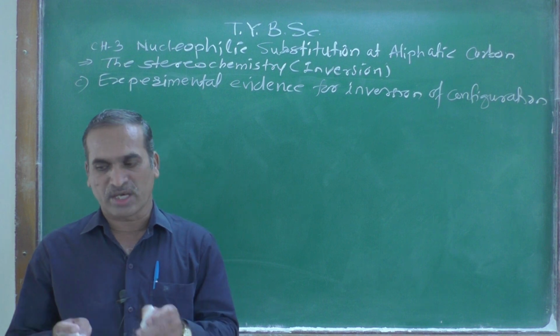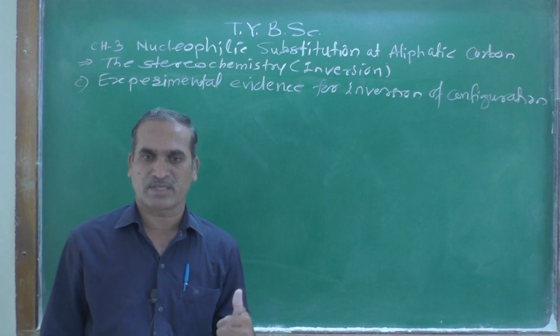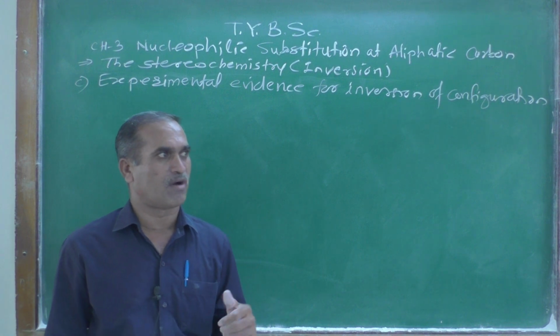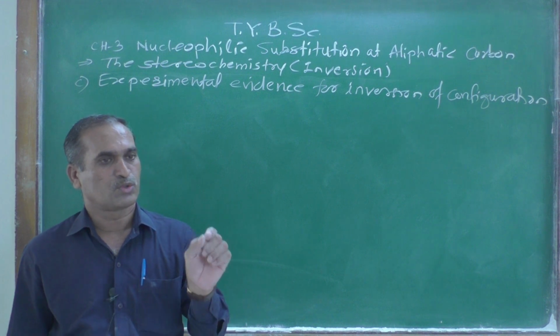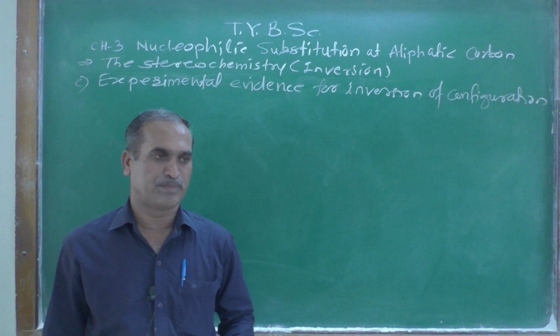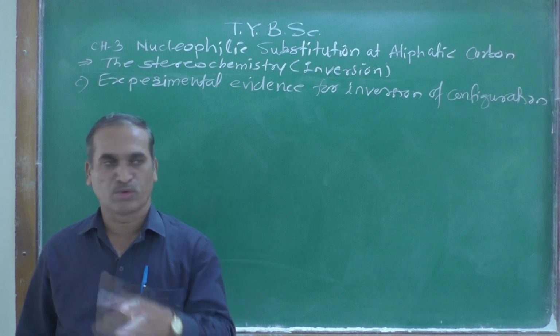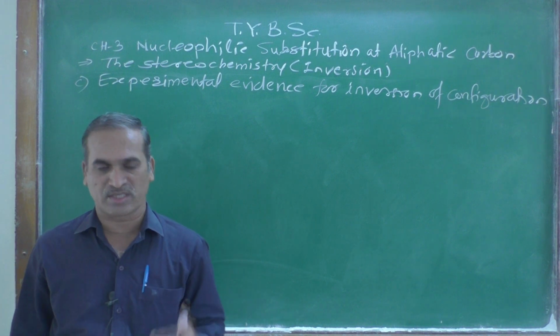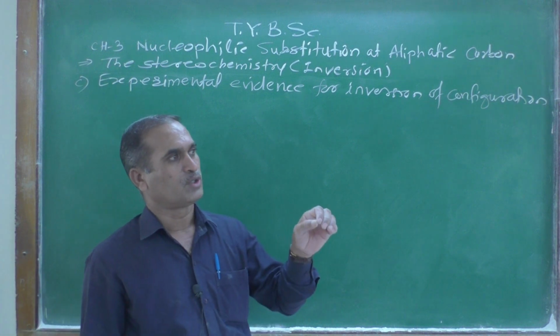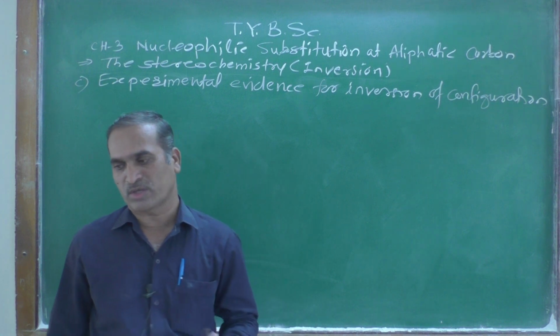In the previous case we took the example of R-(−)-2-bromo octane treated with sodium hydroxide, which gives 2-octanol.